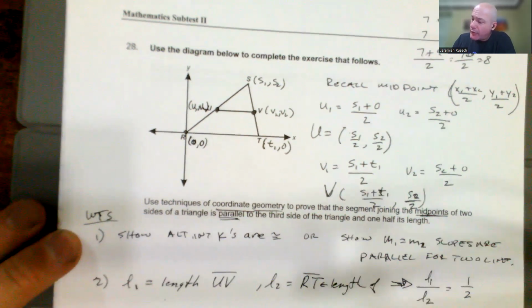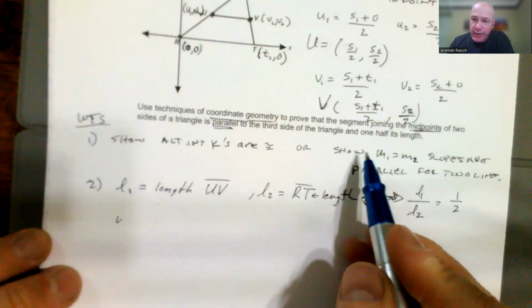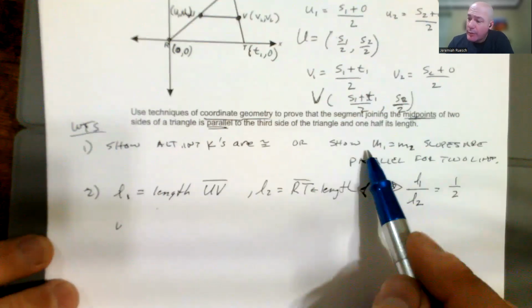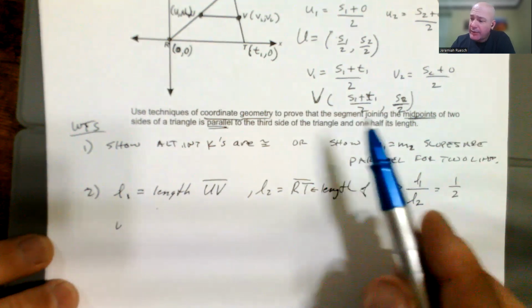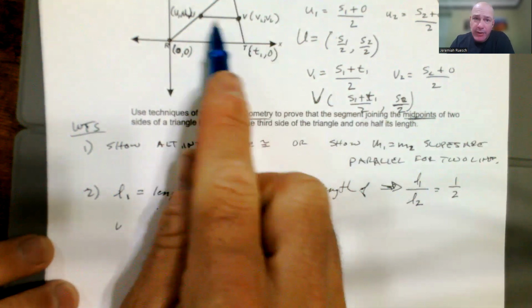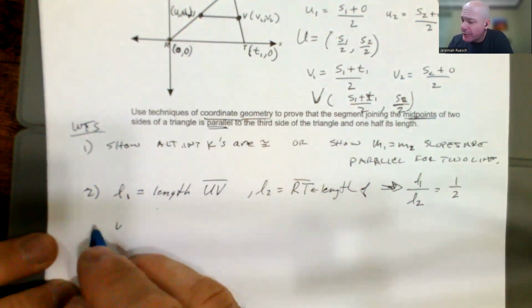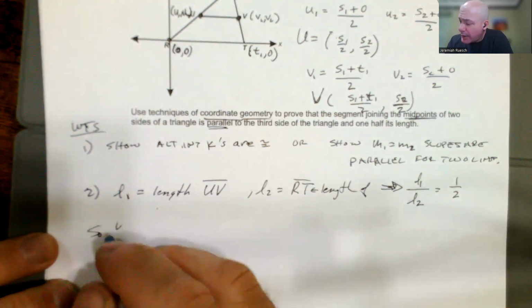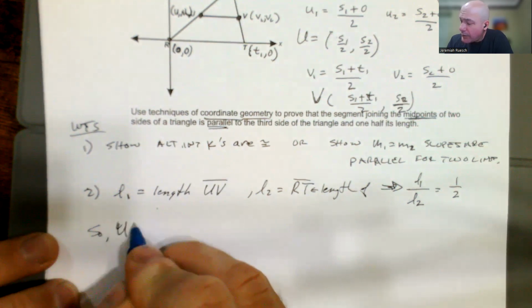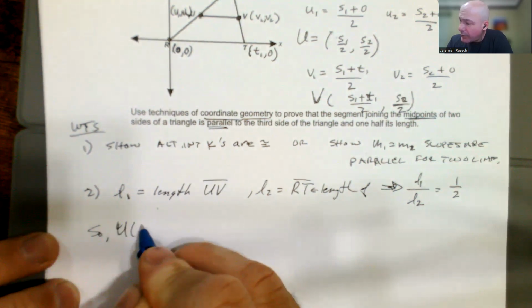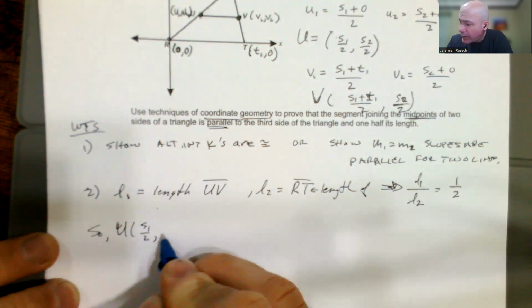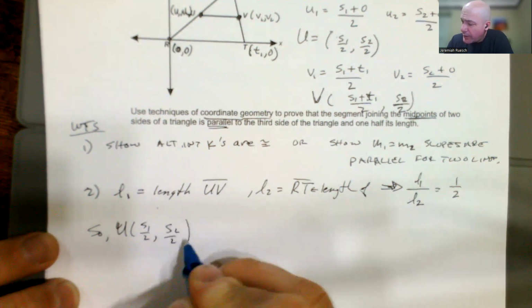Okay. So I'm going to take the opportunity here to use the slopes. All right, I'm going to find the slopes, since I'm given 2 points here and 2 points here. Okay, so let's begin the proof. So U has the points S1 over 2 and S2 over 2.